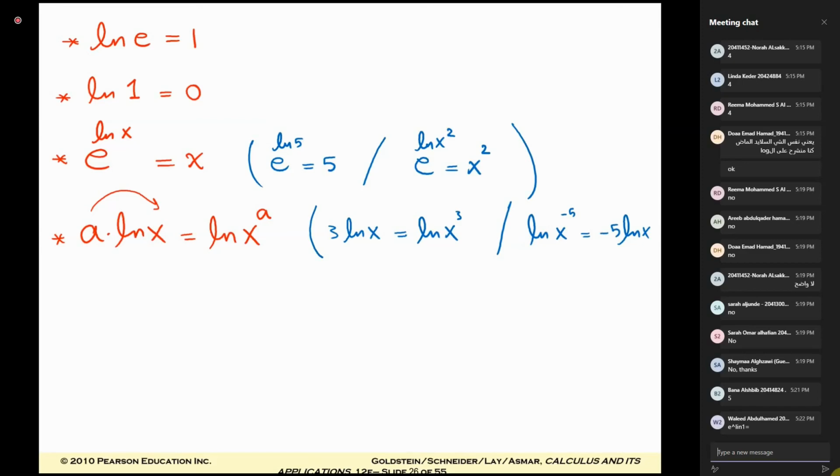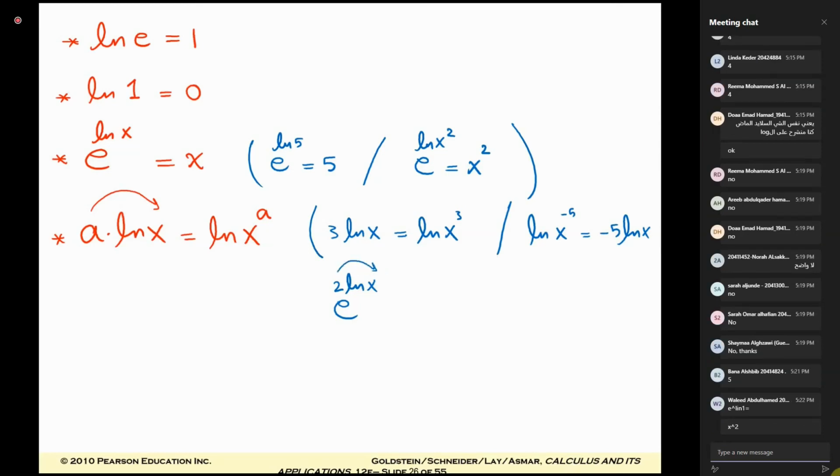Okay, so also if we have, for example, e to the power 2 ln x, can we remove e with ln directly? No, we cannot remove e with ln directly. Why? Because we have ln multiplied by 2. So how can we solve it? How can we remove e with ln? We must firstly put 2 inside the ln.